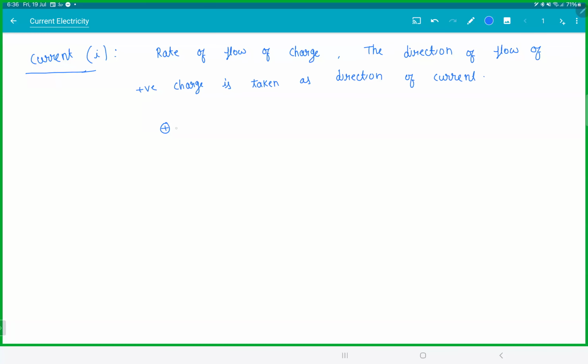That means if you have a positive charge going this way and a negative charge going this way, then we will say current is going here, but here we will say current is going in the opposite direction. So be careful with the convention. So I is equal to dq by dt.